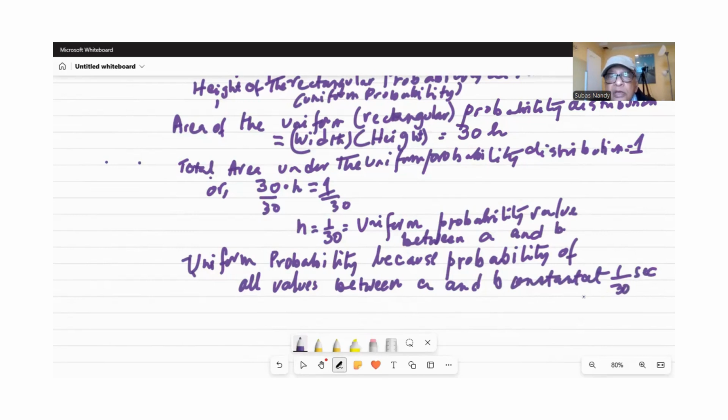So whenever you reach the traffic light between 0 and 30 seconds, the probability of the traffic light remaining red is 1 over 30. Hence, it is called a uniform probability distribution.